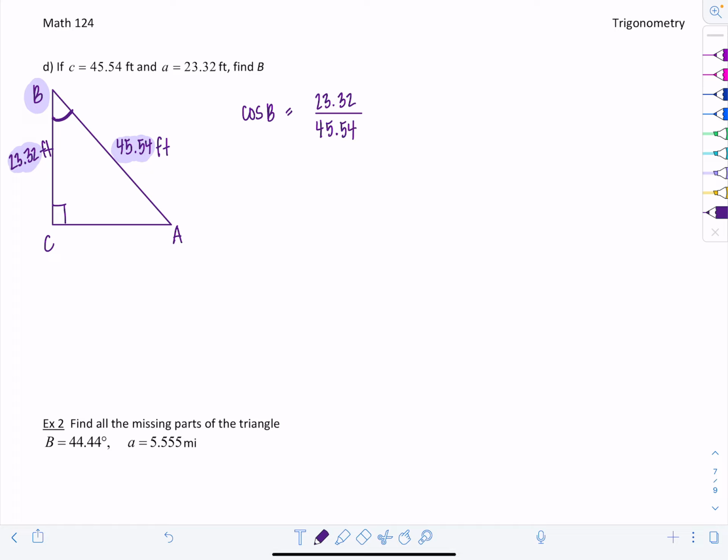Don't waste time punching that part in the calculator. It's not exciting. So B is equal to cosine inverse of 23.32 over 45.54. Let your calculator do all the dirty work, and you should get 59.20 degrees.